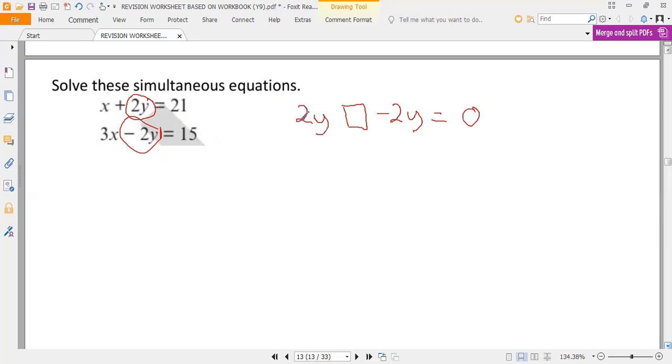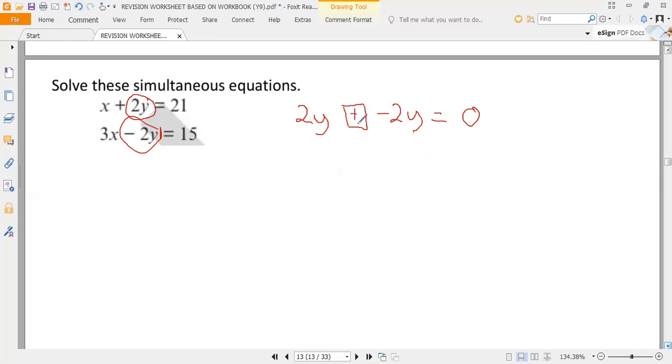Okay. 2y minus, for example, minus negative 2y. 2y minus negative 2y. Minus minus will become a plus. So 2y plus 2y will not become a 0. So you cannot use minus there. Once you get the idea that you cannot use minus, you have to immediately change it to plus.